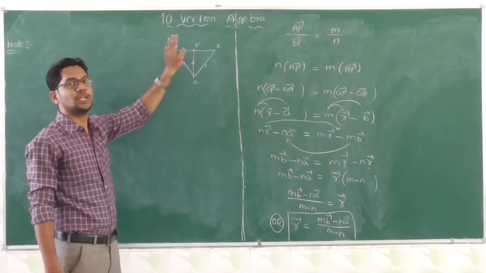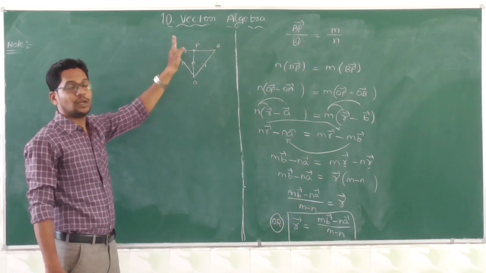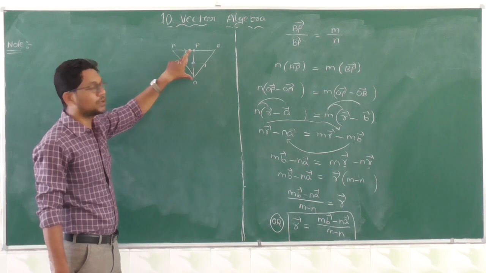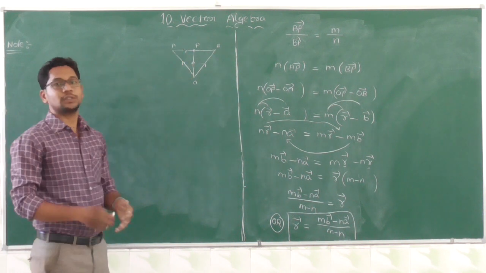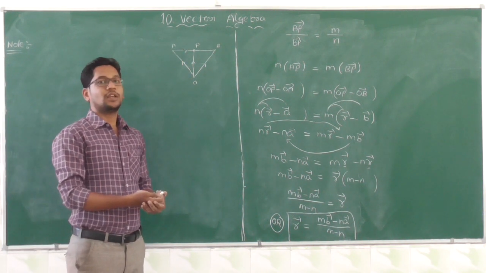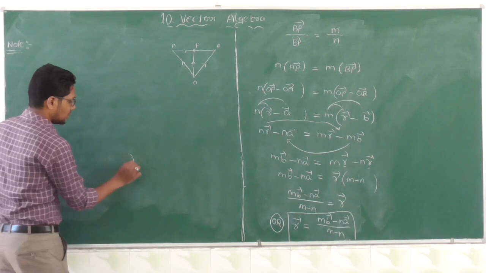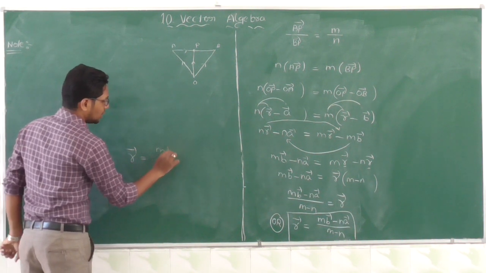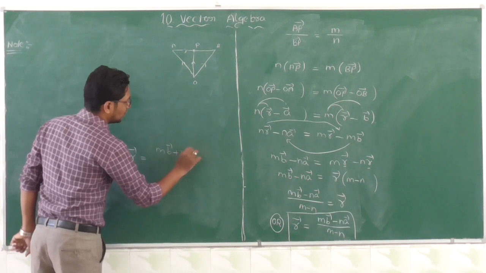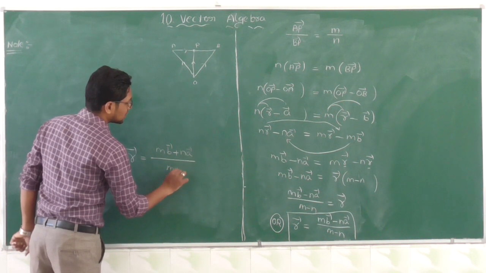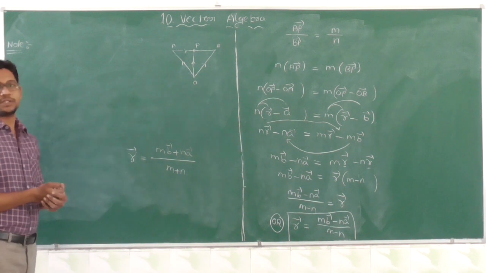Then the ratios are equal, m equals n. Then the position vector of the midpoint is what? We have R vector equals m B vector plus n A vector divided by m plus n.